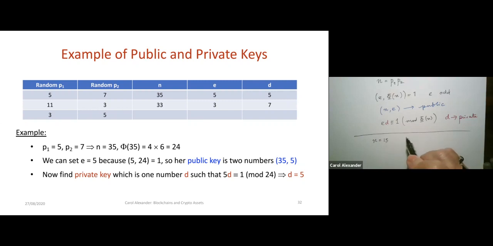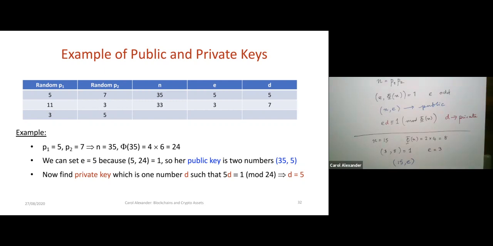And so phi n is 2 times 4, which is 8. And we want a small odd number co-prime with 8. 2 isn't, 3 is. So E equals 3. And so the public key is going to be 15, 3.